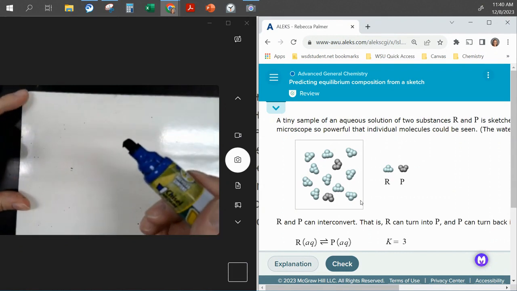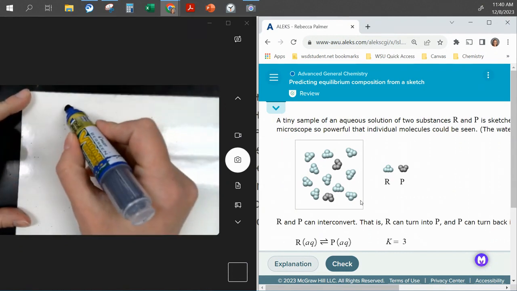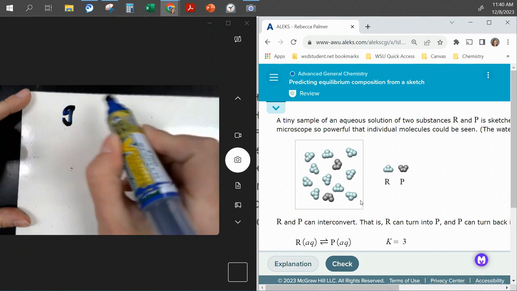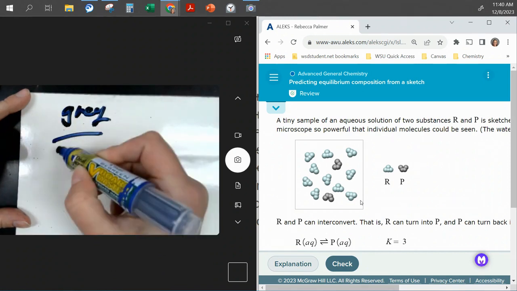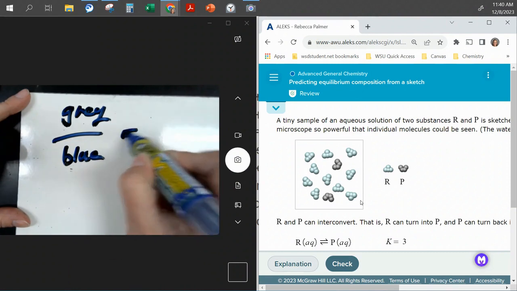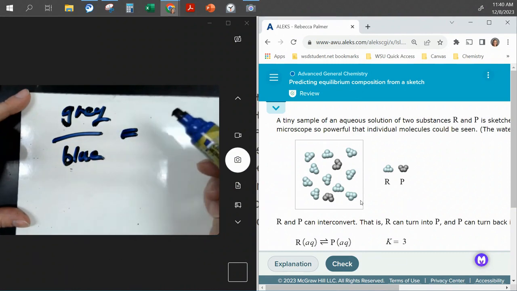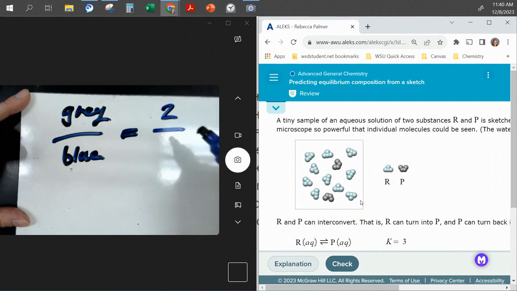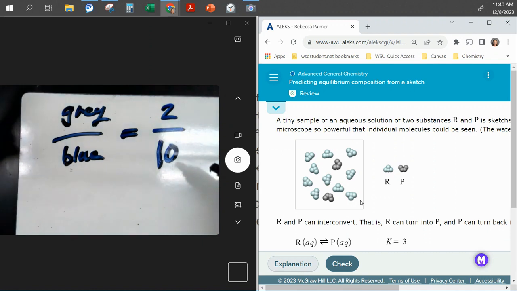Okay, so this one, we have products are gray, so products over reactants. We have 2 gray ones, and we have 2, 4, 6, 8, 10 blue ones. So we have a total of 12 molecules.